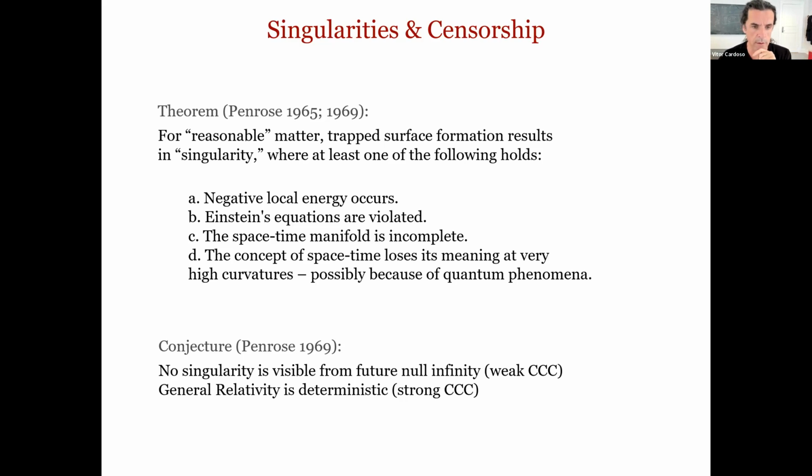I wrote down the consequences of having a trapped surface formation. Either you have negative energy, or the field equations are violated, or even the very meaning of a space-time manifold goes away. Okay, so that means that black holes are simple, but their interior is also the very failure of the theory they come from, right?